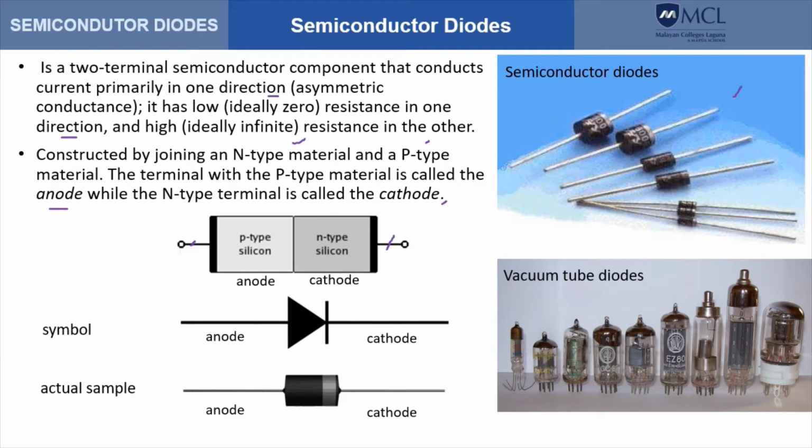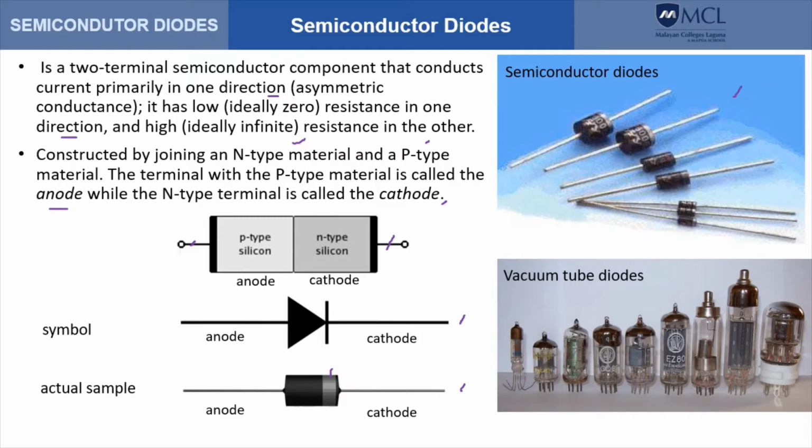This is the symbol of a diode. It looks like an arrow with a vertical line on the pointed side of that arrow. And this is the picture of an actual diode. The terminal near the band of this diode is the cathode terminal.